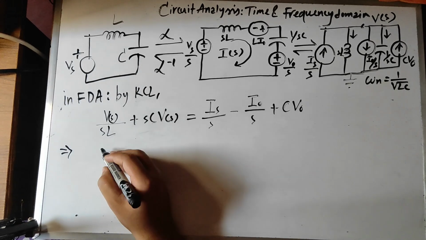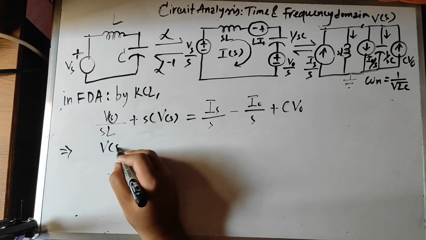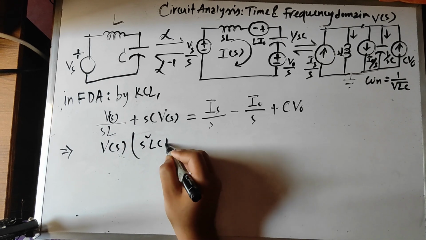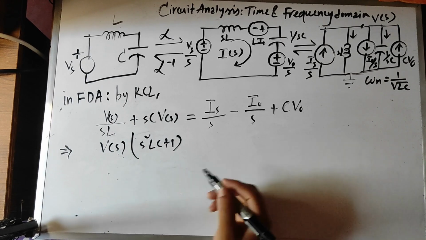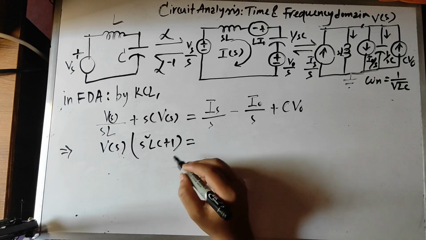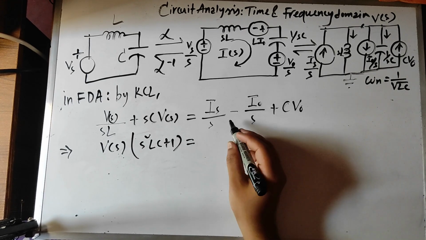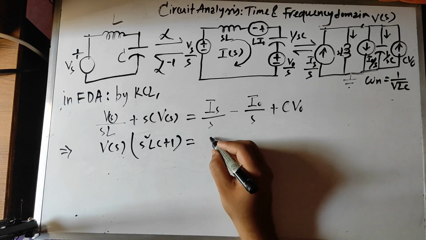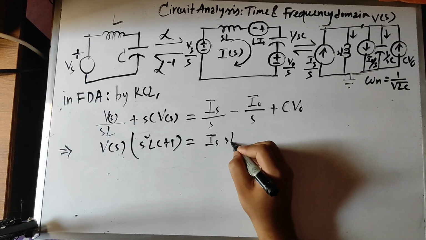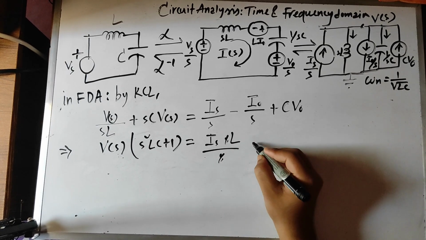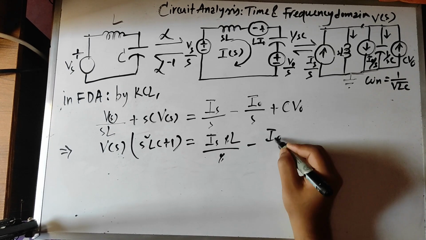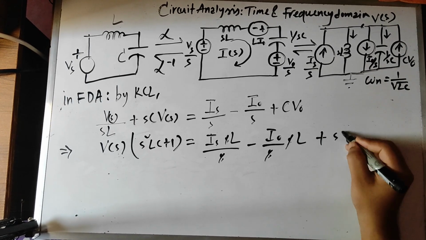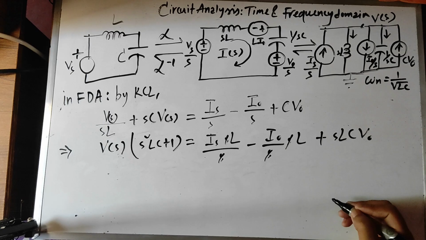Now Vs (S²LC + 1), taking the common SL term out and multiplying it on the right hand side. So Is·SL by S, this cuts out, minus Io by S times SL, this cuts out also, plus SLC·Vo.